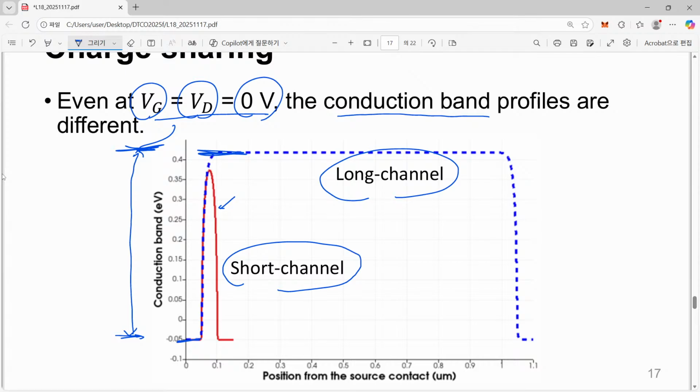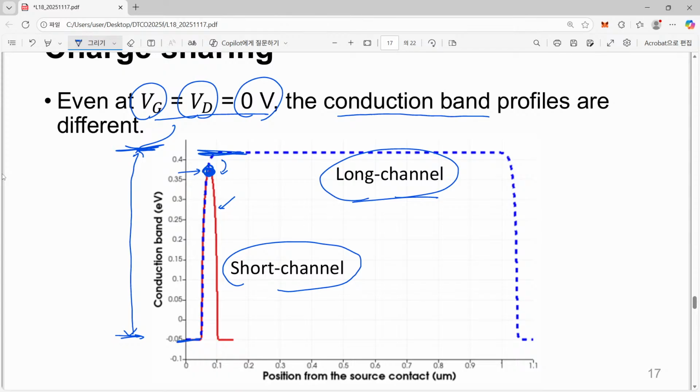So then we can ask ourselves, what is the effective barrier height for this case? Actually, we have this value as the maximum barrier height. It means that compared with the long channel MOSFET, this short channel MOSFET has a somewhat easier potential barrier because there is a slight reduction of the maximum peak energy level.